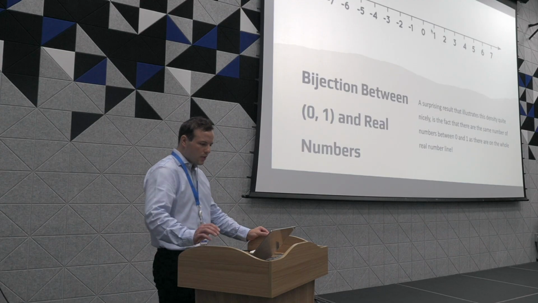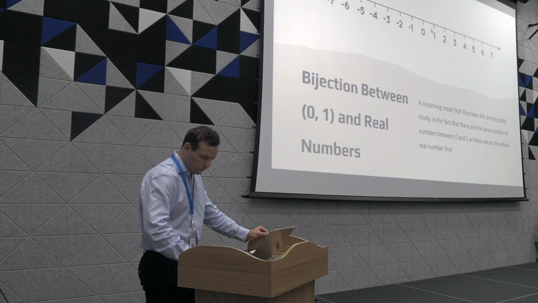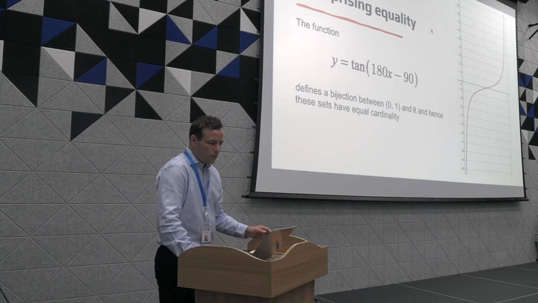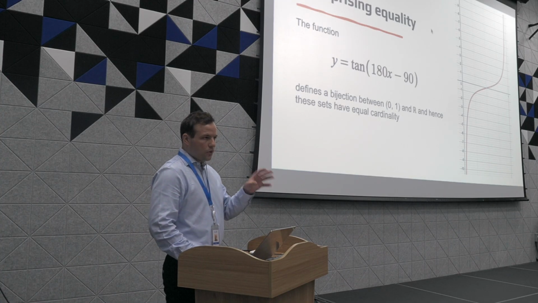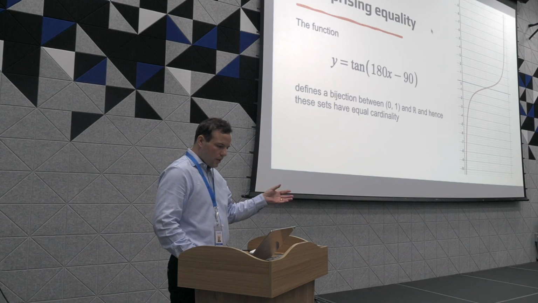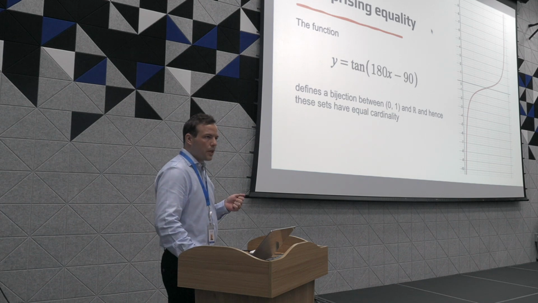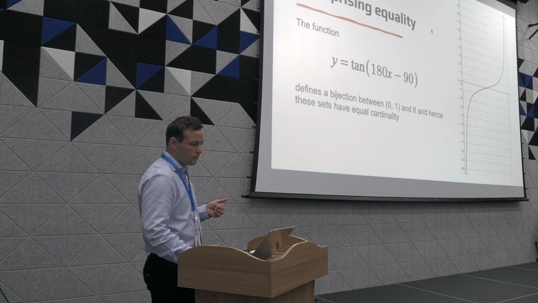So how do we convince ourselves that this is in fact true? Earlier we said that if we can match up every element in one set with every element in another, those sets have the same size. And we do this by forming a bijective function between them.